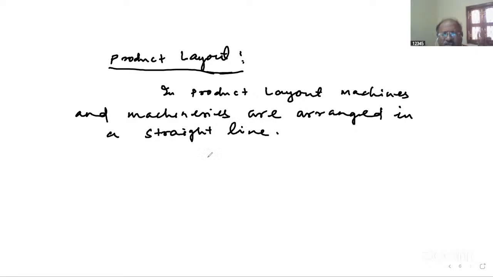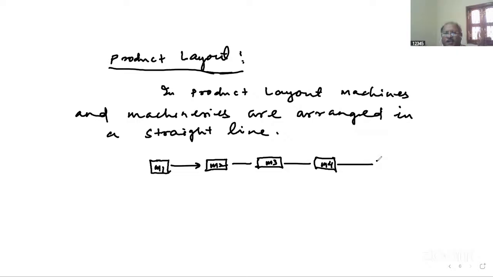That means suppose this is machine 1, this is machine 2, this is machine 3, this is machine 4, and this is machine 5.